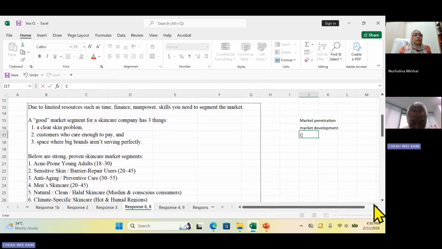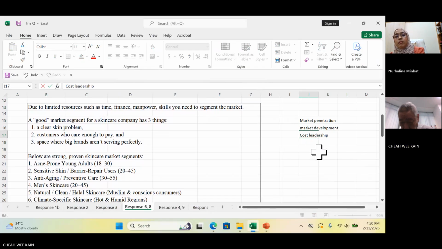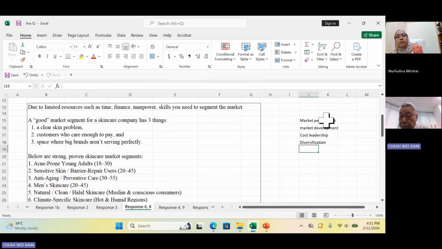Then the other one is called cost leadership. And the last one is called diversification. Okay. Let's talk about skincare.